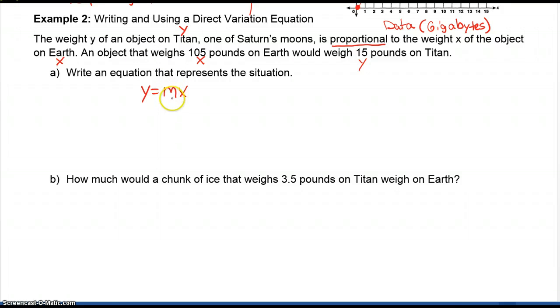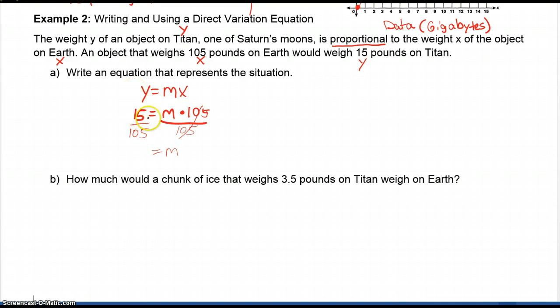We need to find our m. You always want to know your slope. So what we can do is take the numbers that they gave us. Y is 15. We don't know m, but that is times x, which is 105. And then how do we solve for m? We're going to divide by 105, divide by 105. Those cancel.